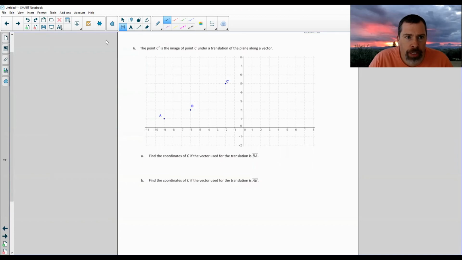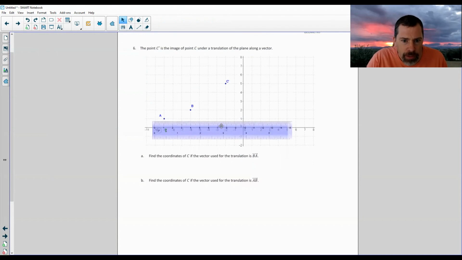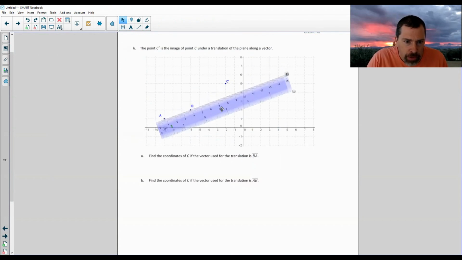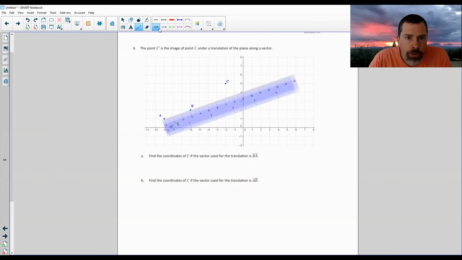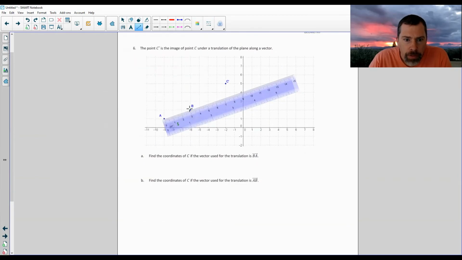I would need to get a ruler if you're on paper, and I do that all the time. Bring this down, rotate it, so we have a nice straight line from A to B. I'm going to use my ray tool simply because I don't have to use the ruler.